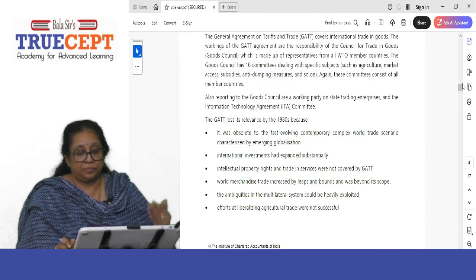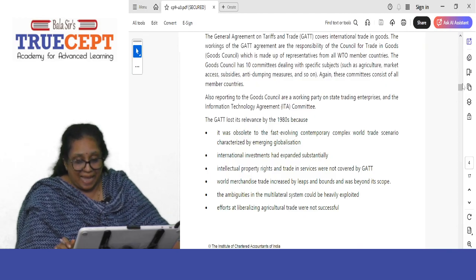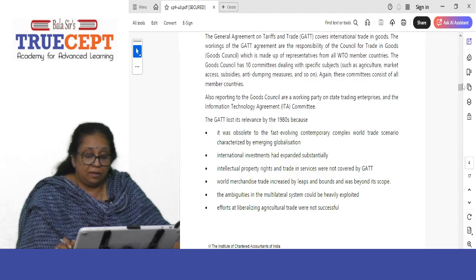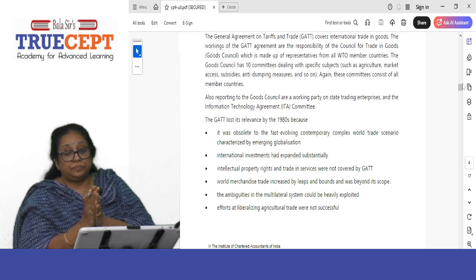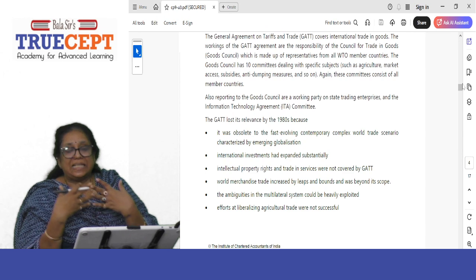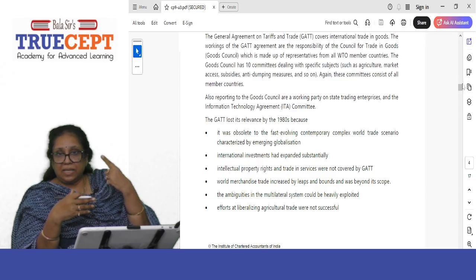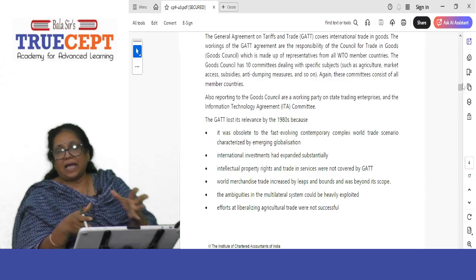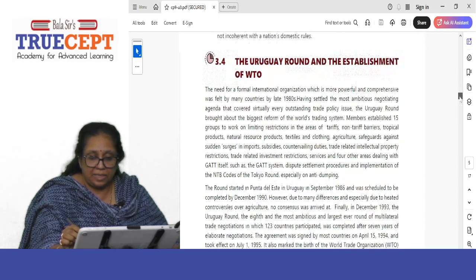Intellectual property rights and trade in services were not covered by GATT, and the ambiguities in the multilateral system could be heavily exploited. In this, the wrong point is that intellectual property rights and trade in services were covered by GATT. If I ask which is not one of the reasons for GATT losing its relevance by the 1980s, I can just twist the words like that. So please be thorough with these points.